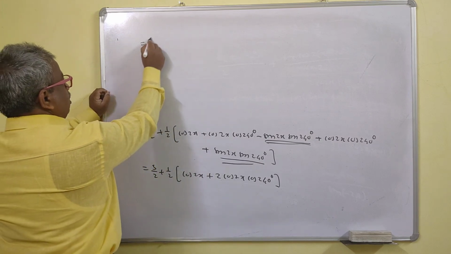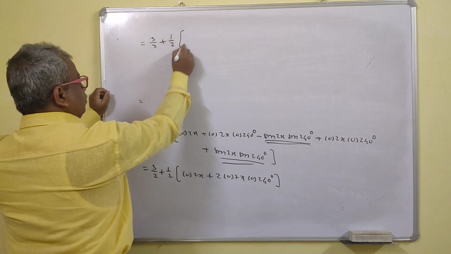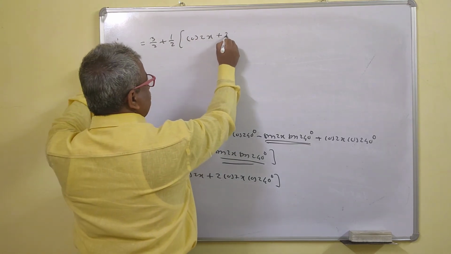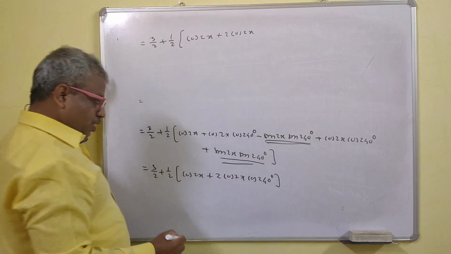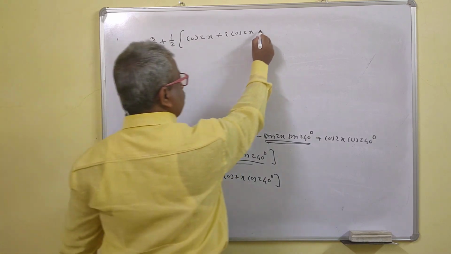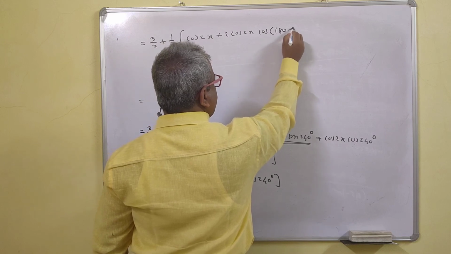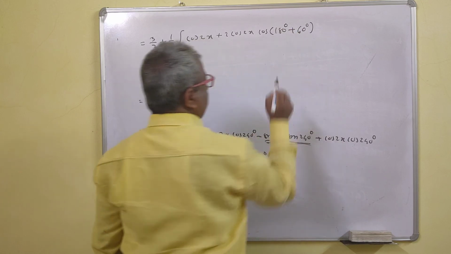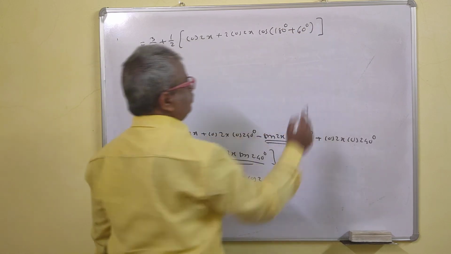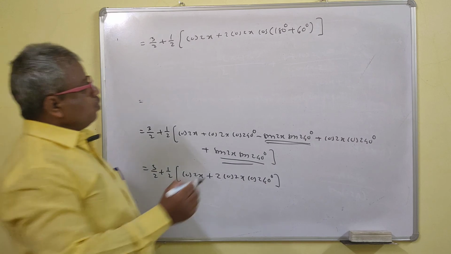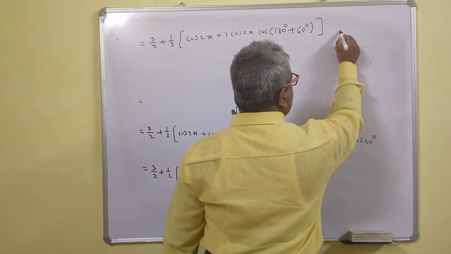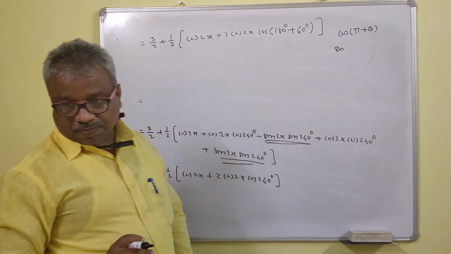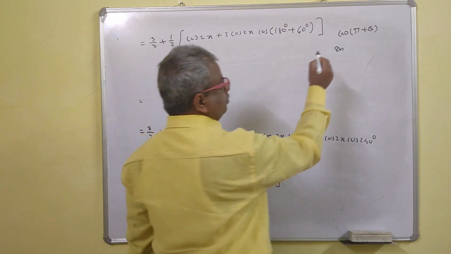Okay, so this is what then? 3 by 2 plus 1 half cos twice x plus 2 cos twice x into cos of 180 degree plus 60 degree. Now cos of pi plus theta is equal to what?